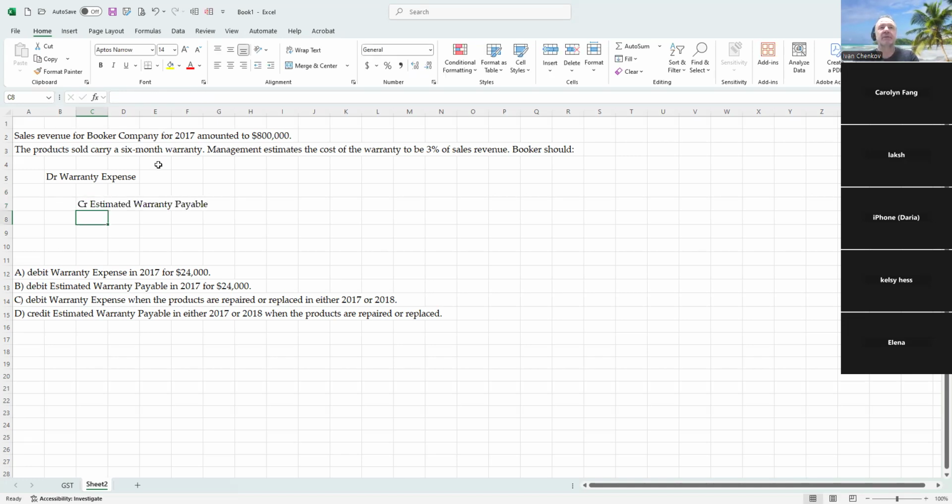Now we have to settle on the amount. What will be the amount? Amount will be equal to 800,000 times 0.03. Correct? So how much will that be? 24,000? Do you agree on the 24,000?